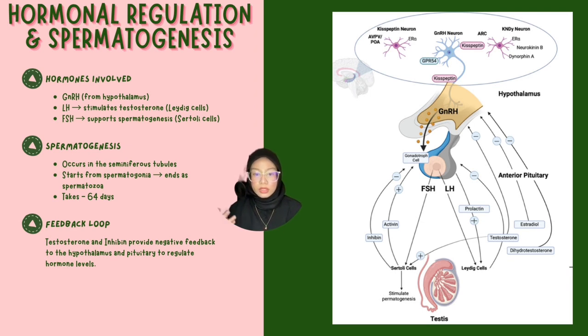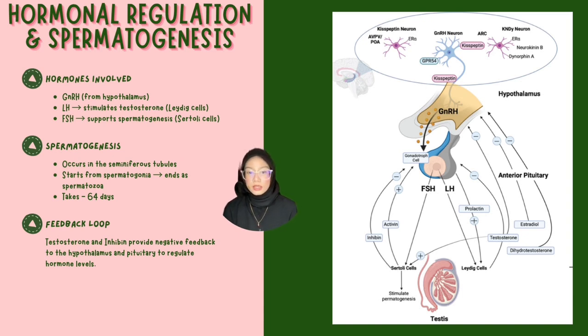Today we will discuss the role of the hypothalamus in hormone regulation, especially focusing on the release of GnRH, which stands for gonadotropin-releasing hormone. GnRH plays an important role by signaling the pituitary gland, which is located just below the brain, to release gonadotropin hormones, which are luteinizing hormone, LH, and follicle stimulating hormone, FSH.